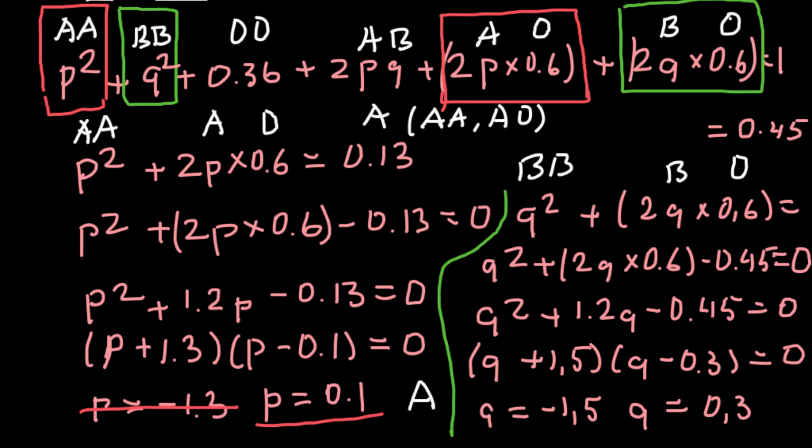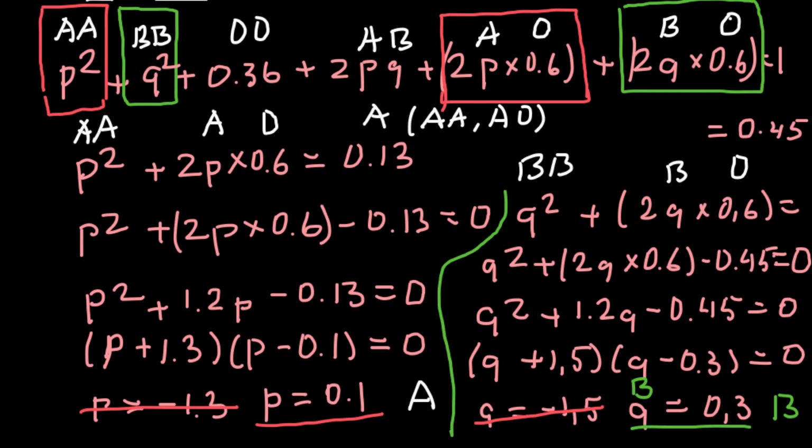Once again, we cross out negative number because occurrence of the allele cannot be negative, it have to be positive. So this number here is going to be frequency of the allele B, because Q stands for the allele B in this population.